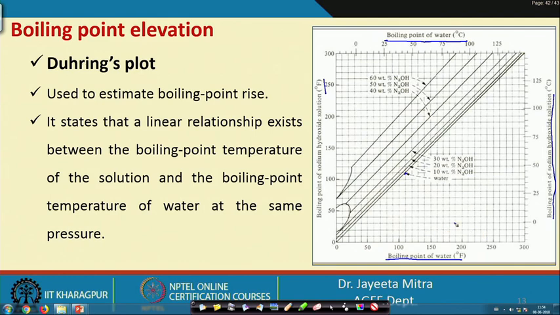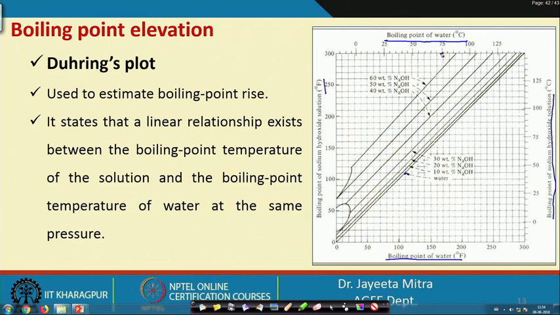For example, let us say the boiling point of pure water at a certain condition is 75 degrees Celsius.